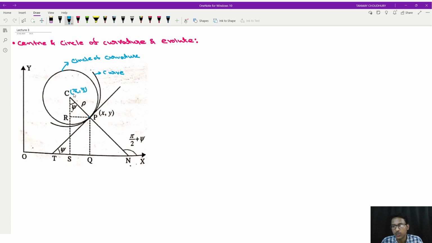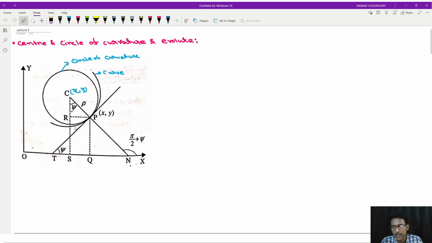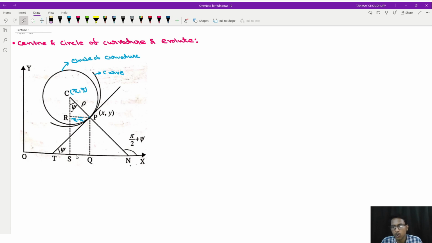Now to find the coordinate x bar comma y bar, we observe that RP is nothing but x minus x bar, because OQ is x and OS is x bar. So SQ, which is the same as RP, will be x minus x bar.